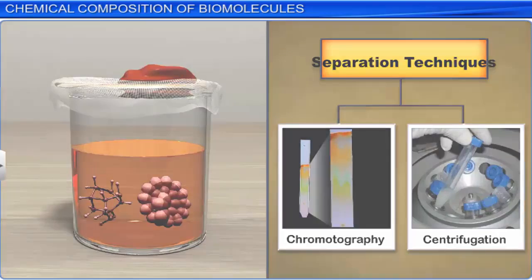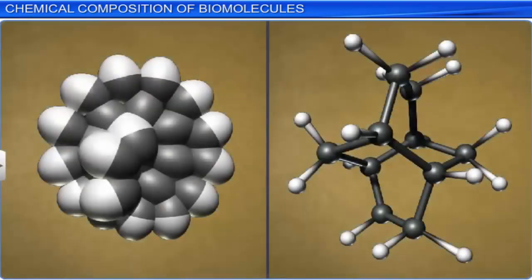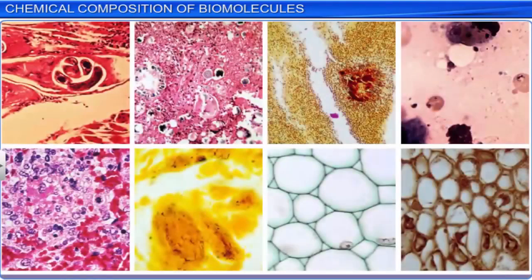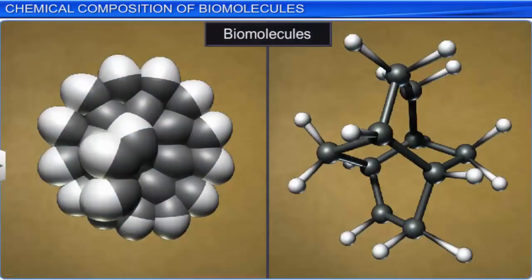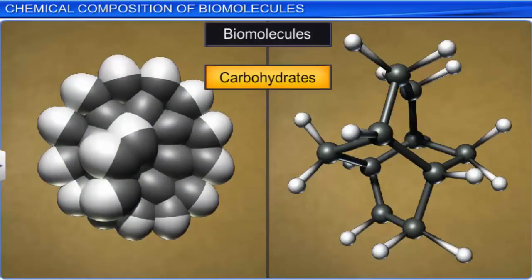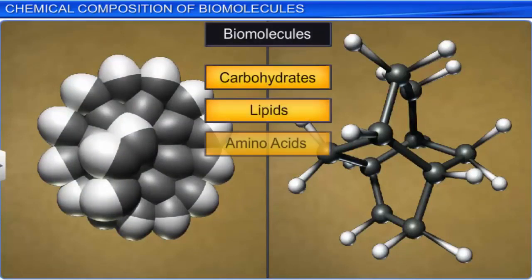Thereafter, various analytical techniques are used to identify the molecular formula and the structure of the compound. All the carbon compounds we derive from living tissues are called biomolecules. For example, carbohydrates, lipids, amino acids, water, and nucleic acid.